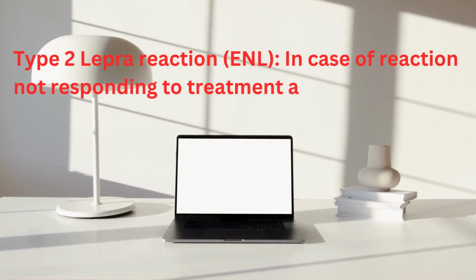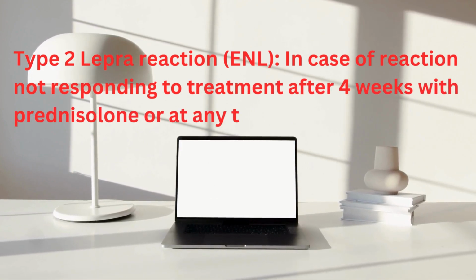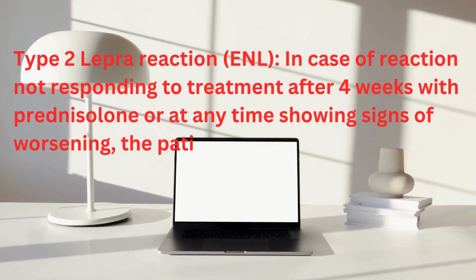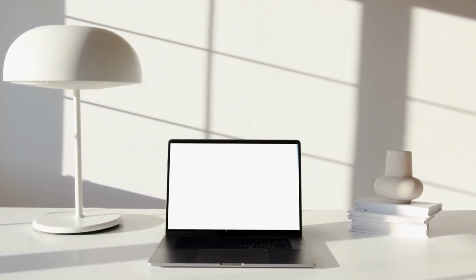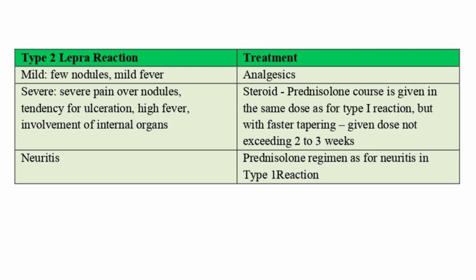Type 2 leprosy reaction, ENL. In case of reaction not responding to treatment after 4 weeks with prednisolone, or at any time showing signs of worsening, the patient should be referred to the nearest referral center. Type 2 leprosy reaction, mild: few nodules, mild fever. Treatment: analgesics.